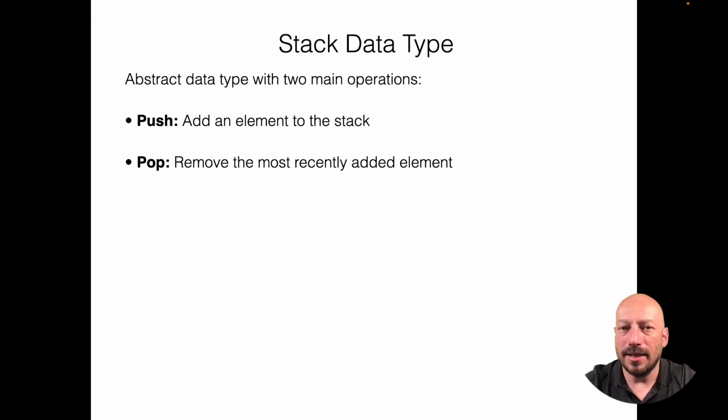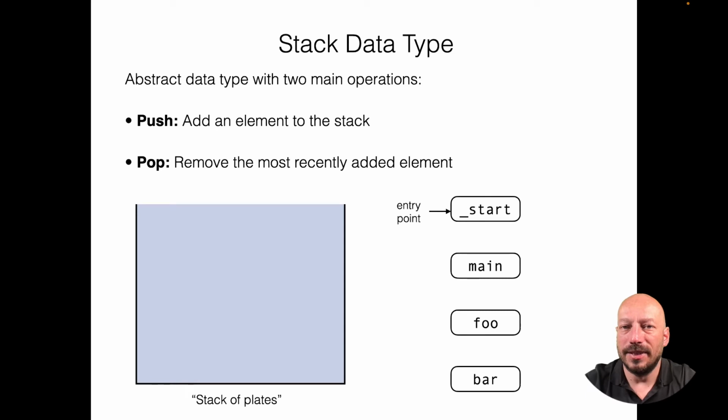Well, in the example that I will show you, we have several functions. The entry point will be this function start, and this function will call function main. And after this call, on top of this stack will be the return address. That means if function main returns, it just takes from the top of the stack this return address.